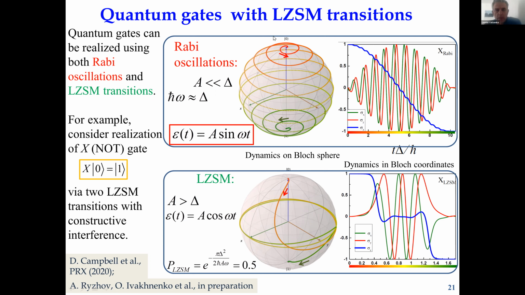Okay. Other question, please. Okay, then I would like to ask a more general question. A two-level system is very simple, and numerical solution gives the results very quickly.